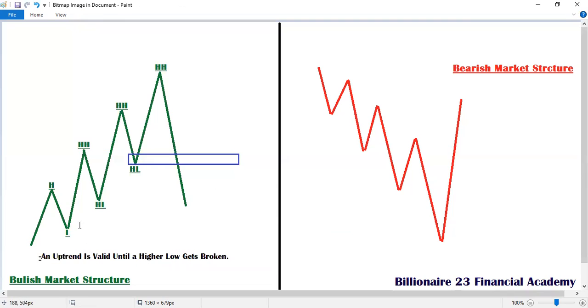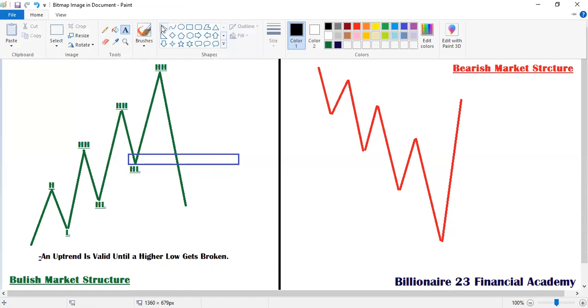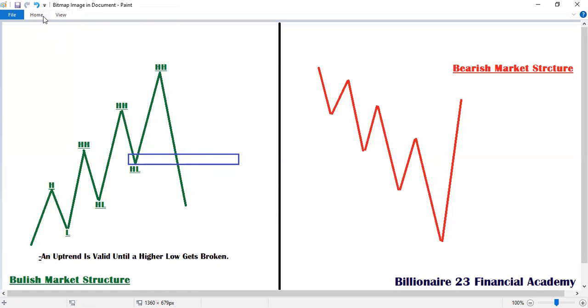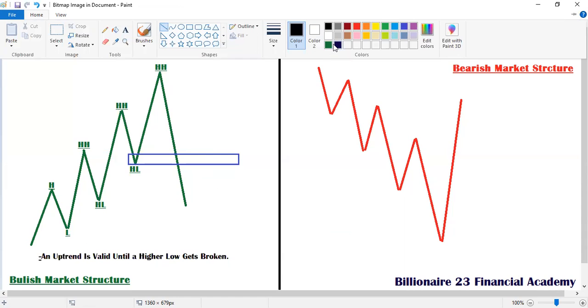All right. An uptrend is valid until a higher low gets broken. Once price breaks through this higher low, it then signals the potential end of the uptrend, meaning most likely, or in most cases, okay, I think black is fine.